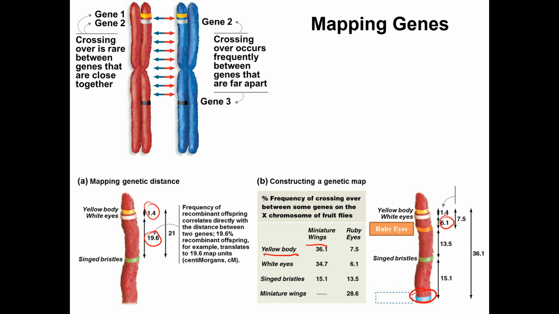The distance between singed bristles and ruby eyes is 13.5. That matches up. The distance between ruby eyes and miniature wings is 28.6. So here, 15.1 and 13.5 add up to 28.6. That's the distance from miniature wings to ruby eyes.